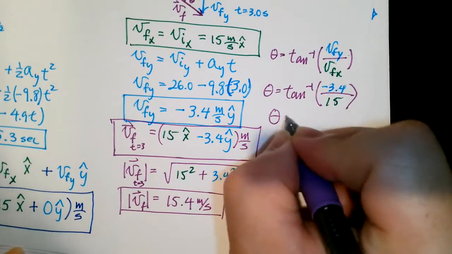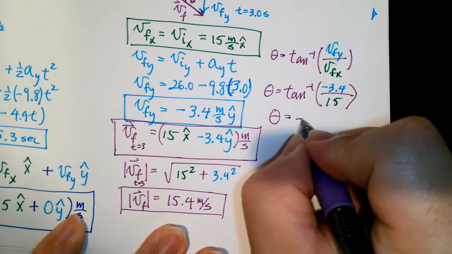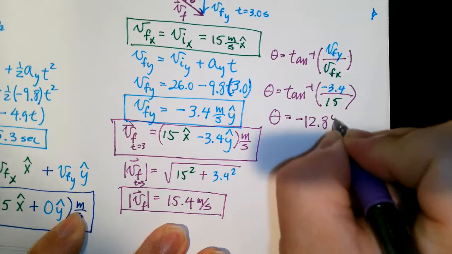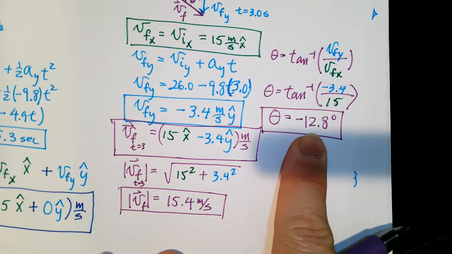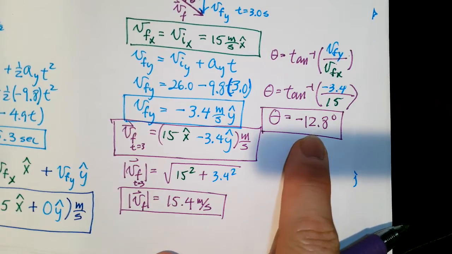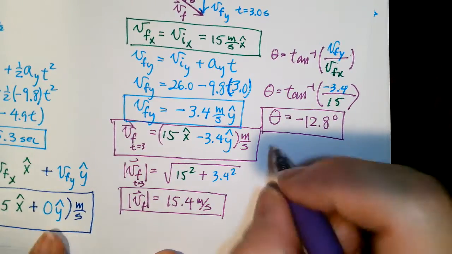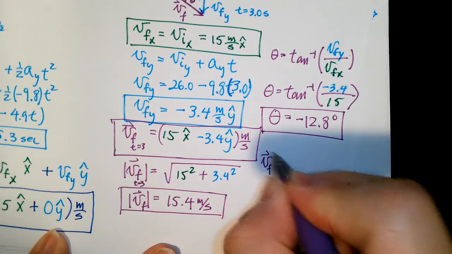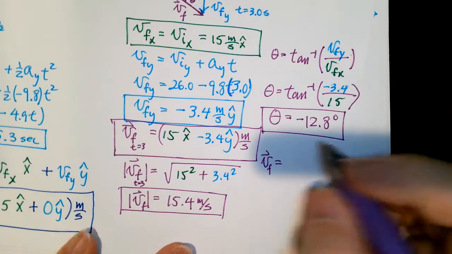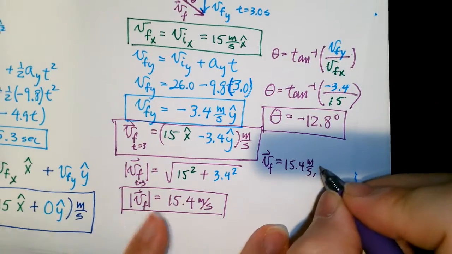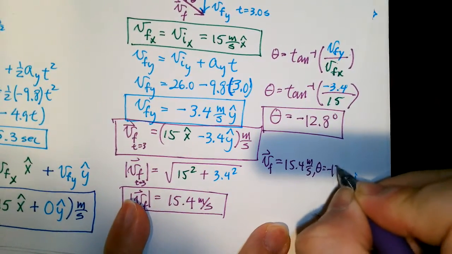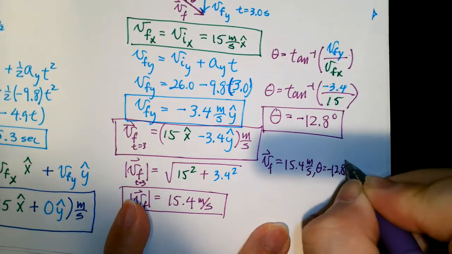So theta comes out to negative 12.8 degrees. And that makes perfect sense. It should be on the way down, so it's going to be below the horizontal axis. So my VF at 3 seconds is going to be 15.4 meters per second, theta equal to negative 12.8 degrees.